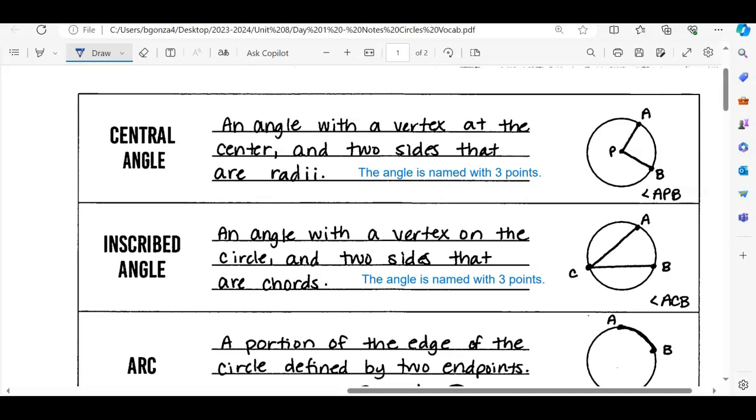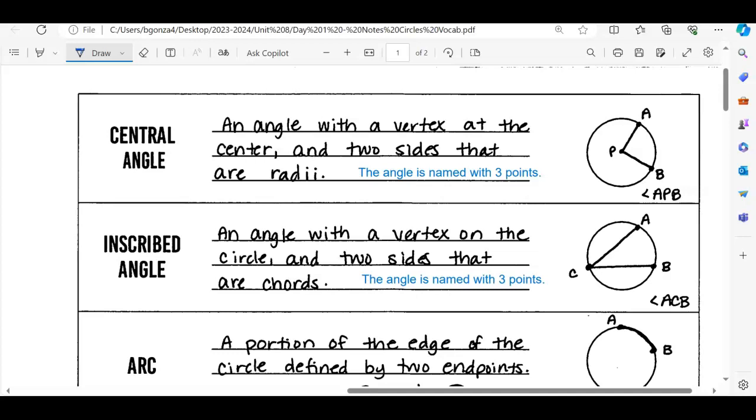Makes sense. Inscribed angle, though, is on the edge. Okay, it's inside the circle on the edge.